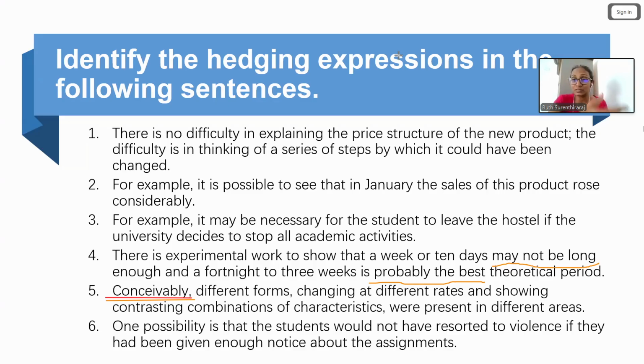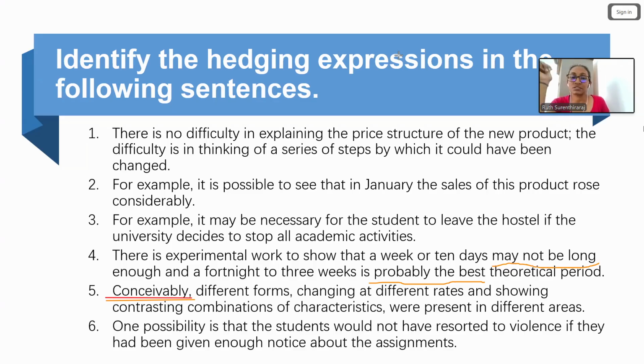But if you see it anywhere in your writings, you should know that it is one of the hedging terms that we can use. To conceive of something is to think of something, or to figure out something, right? So to conceive means to bring a new idea to birth. So conceivably means to think a bit differently about something.